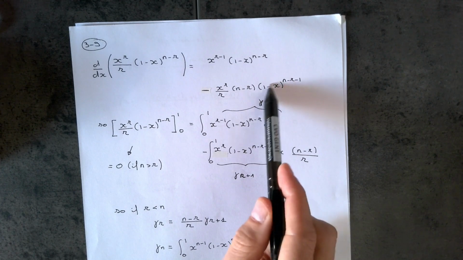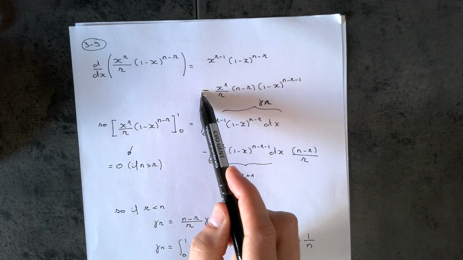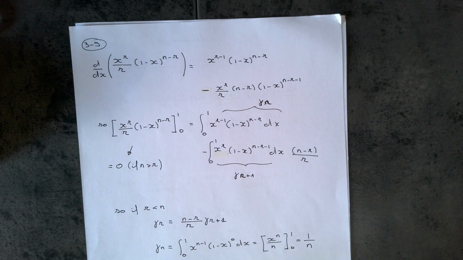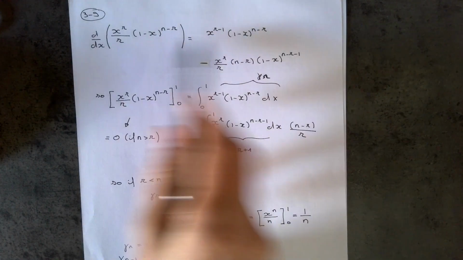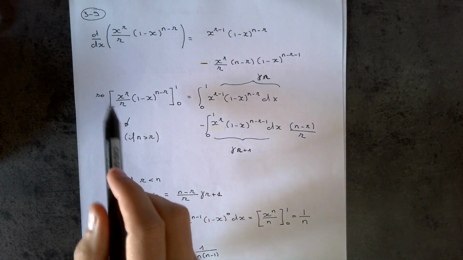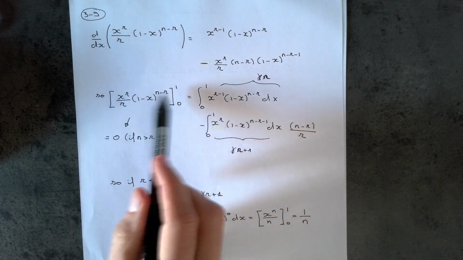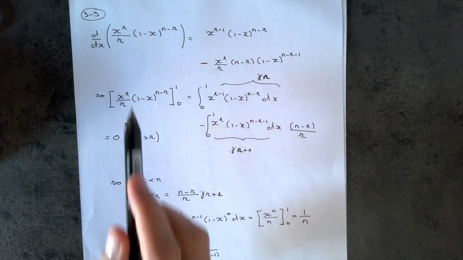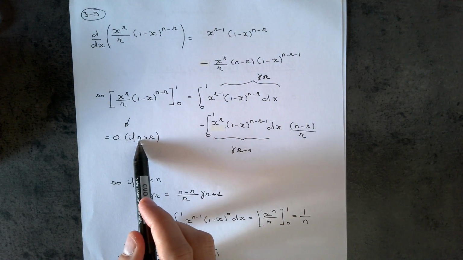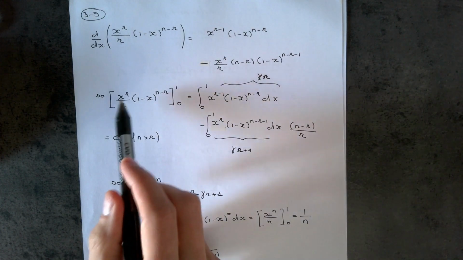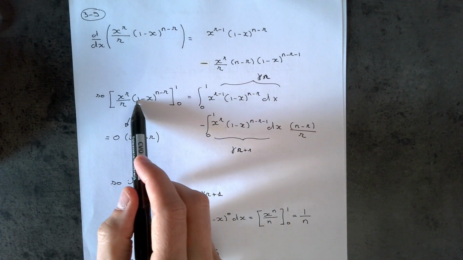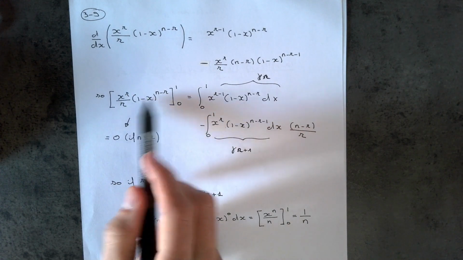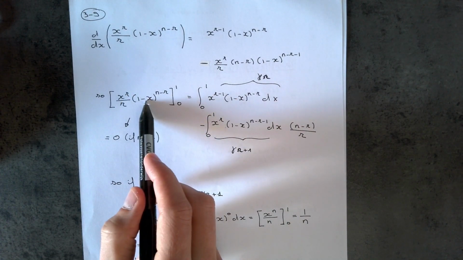And there's a minus 1 in front of the x, so I have to multiply everything here by minus 1. So if I integrate both sides, here I just have to evaluate it between 1 and 0. Now, if n is different from r, then here I have 1 times 0 minus 0 times something.